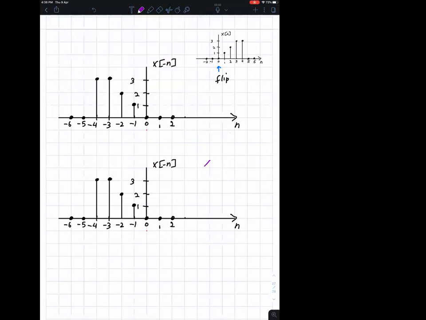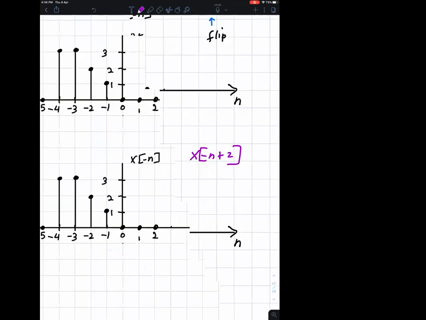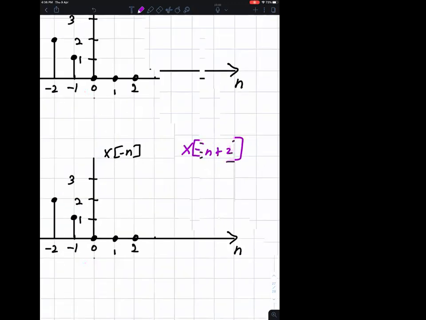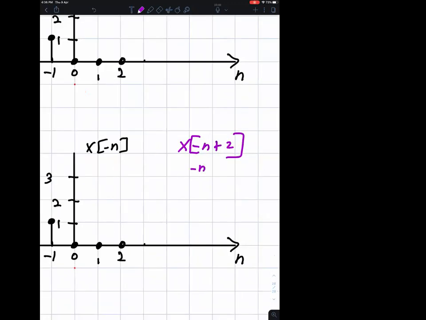So now what we want to do is x of minus n plus 2. That's why I said this is kind of tricky. We already flipped this. Now we want to shift that by +2, but you might be thinking minus n is equal to -2, right? But n is 2, so you're going to add 2.